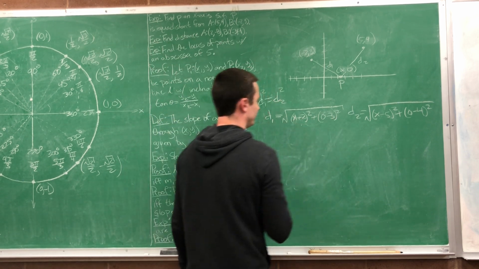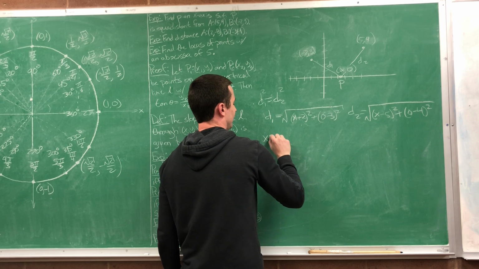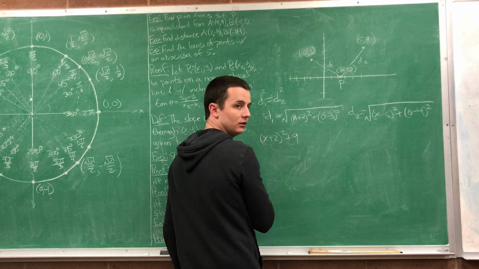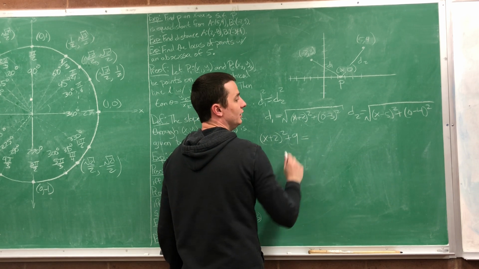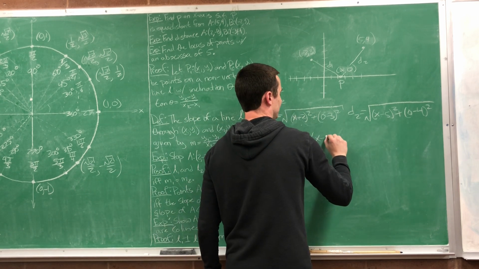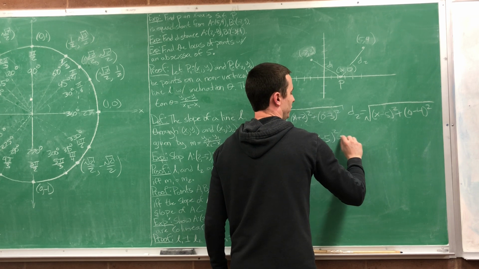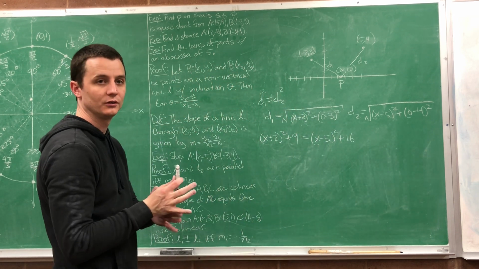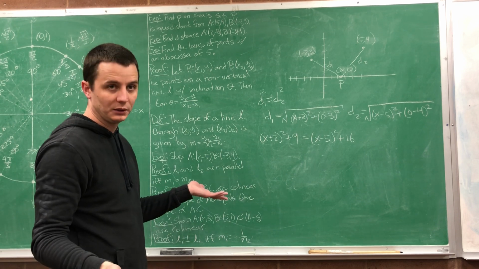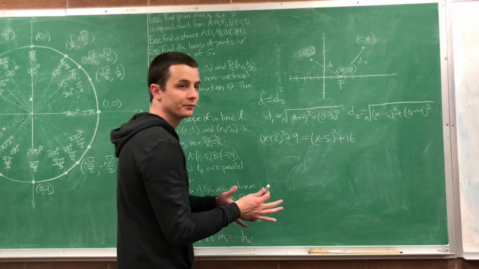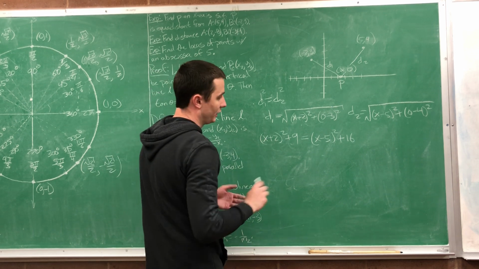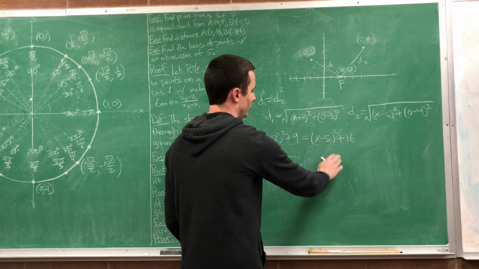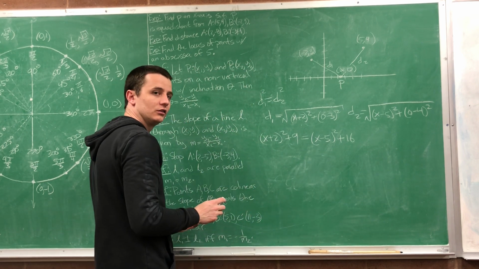So d1 squared is x plus 2 squared plus 9, equal to d2 squared, which is x minus 5 squared plus 16. And now we just solve this the same way we solve regular equations. We multiply this out, move everything to one side, and solve.